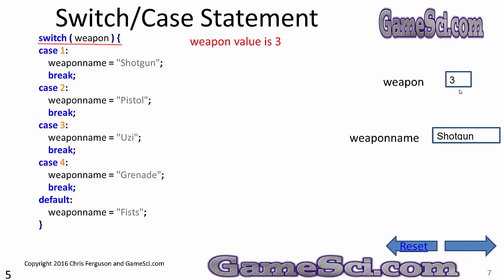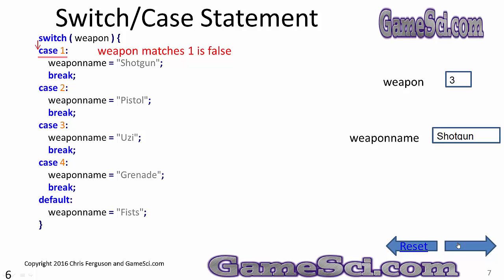Set weapon equal to 3 this time and make it follow a different path. Switch on the weapon variable, so what I'm really switching on is the value 3 because weapon contains a 3. What happens when we have a weapon value of 3? Well, first of all, case 1 no longer matches. Weapon, which is 3, does not match case 1. So this is a false statement.